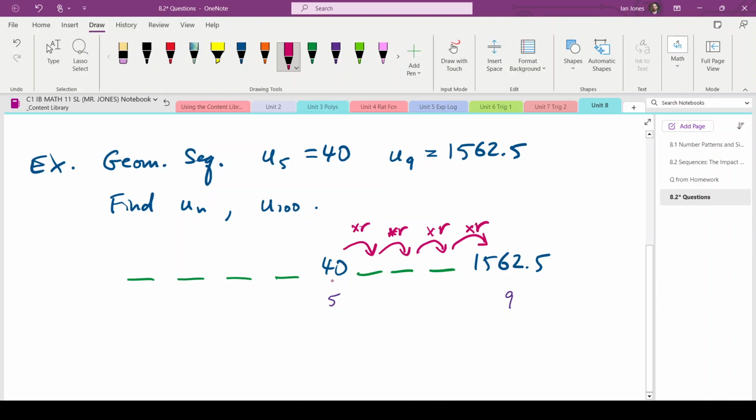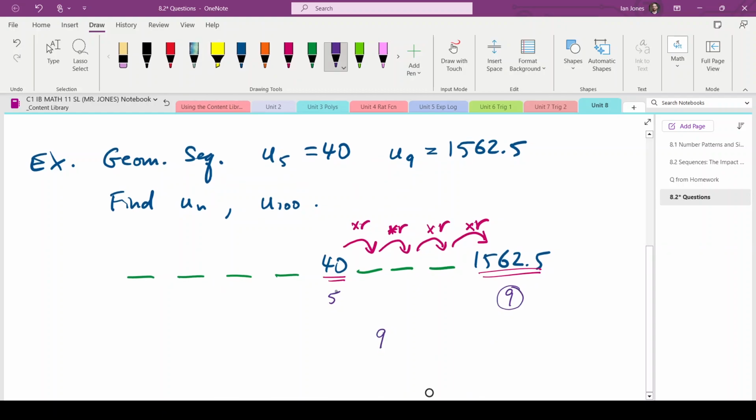So from the first one to the second one, we have 4 jumps. This is also the term number here minus the term number here. So 9 minus 5 is 4. The number of jumps between two spots is just the subtraction of those two.